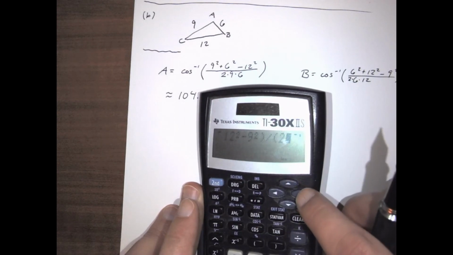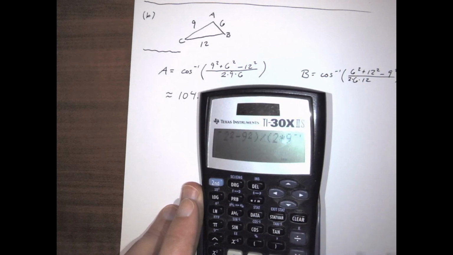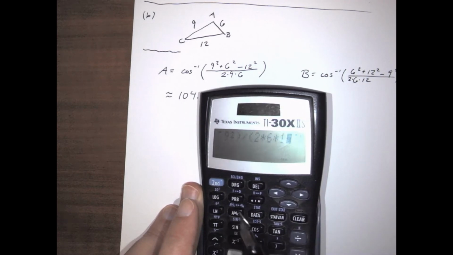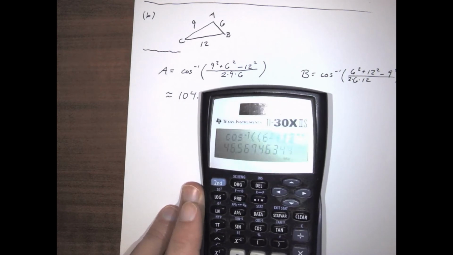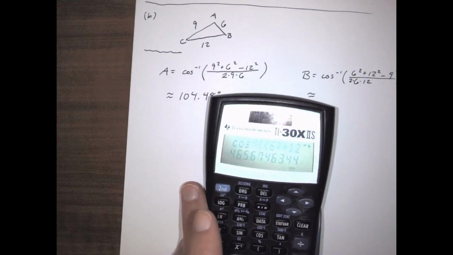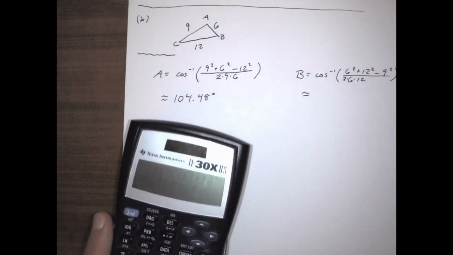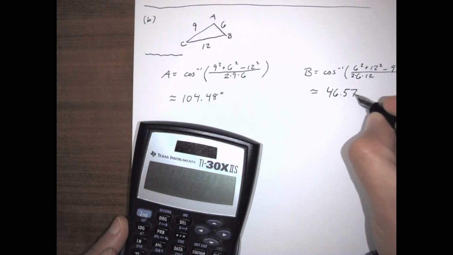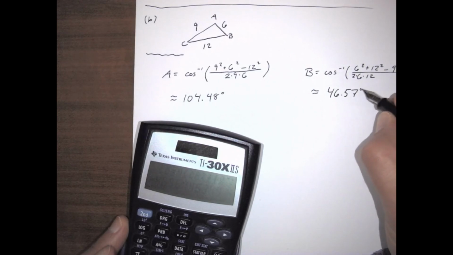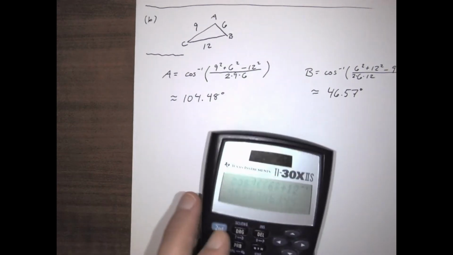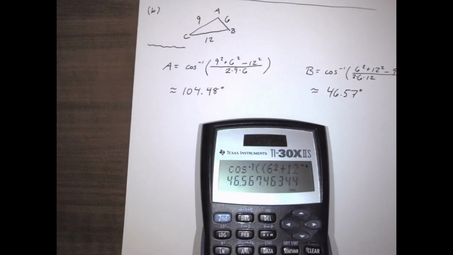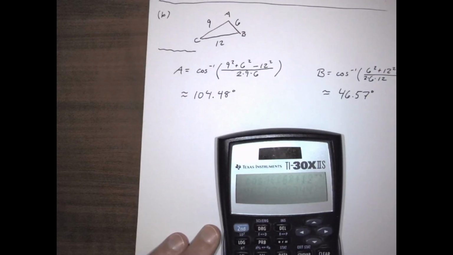Divided by 2 times, now it's going to be 6 times 12. And that gives me, for B, 46.57 if I round it. And that again looks pretty good. Looks like what B would be. I drew this again roughly to scale so you can use it as a sanity check.